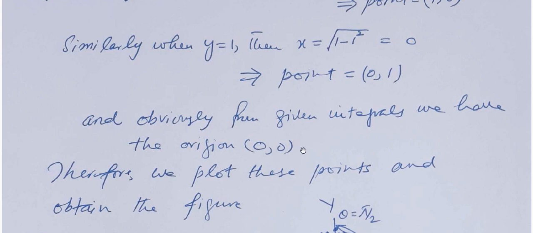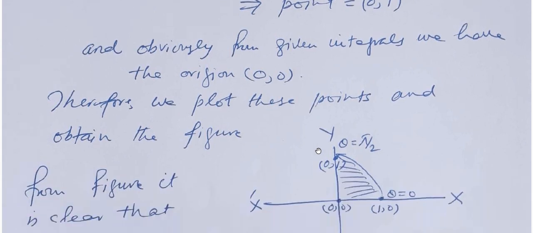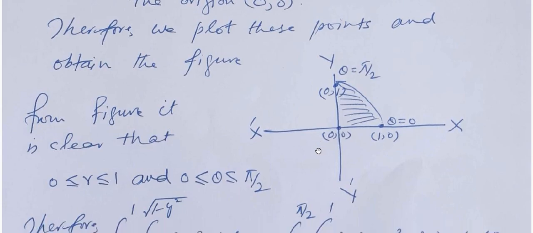Then we get the point 0, 0. Therefore we can plot these points and obtain this figure. We have 0, 0, we have 1, 0, we have 0, 1. Now you can join these points.